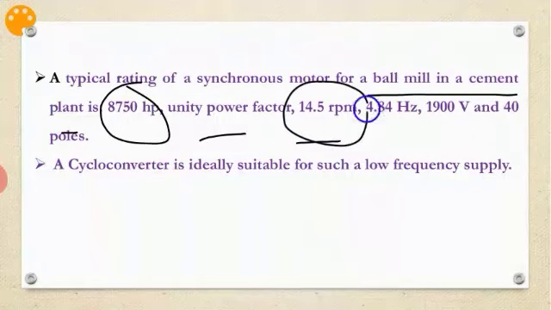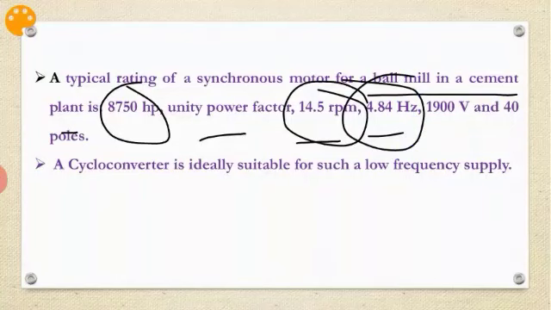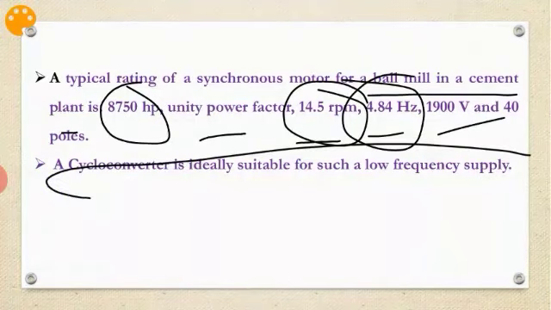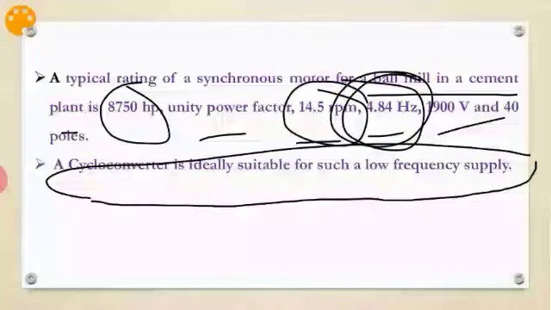The speed is very low, 14.5 rpm, with a frequency of 4.84 hertz, and voltage and poles are also given. Hence the cycloconverter is ideally suitable for such a low frequency supply, since the frequency is 4.84 hertz.